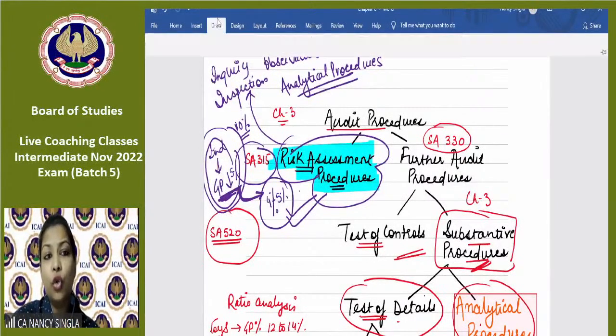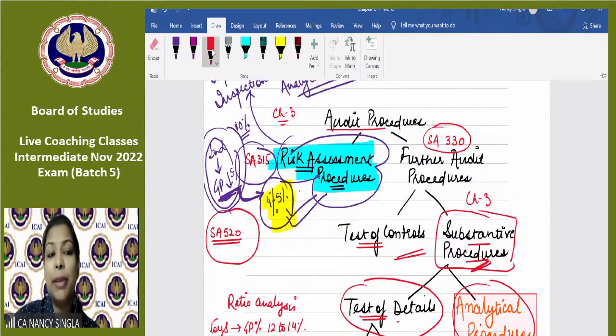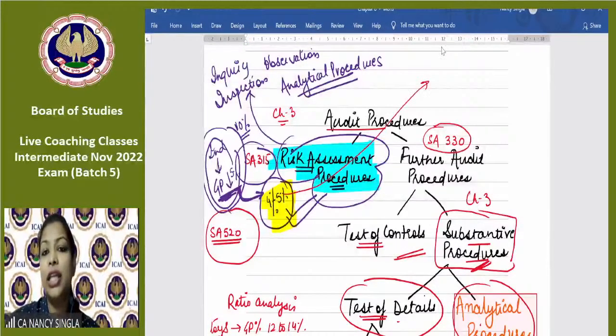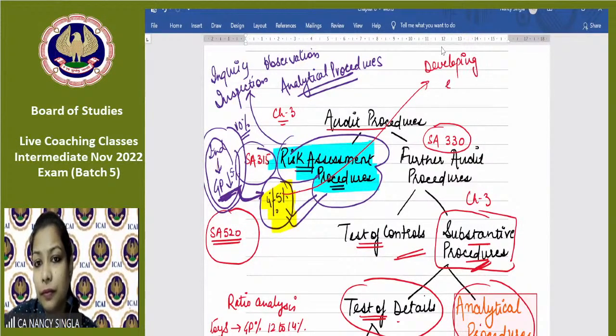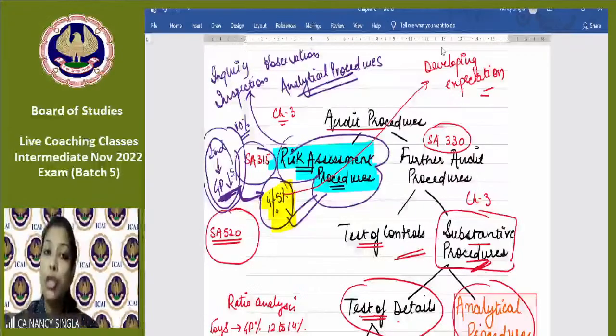So this 4 to 5%, what is it? The auditor is developing an expectation. Now, the auditor is developing an expectation that for my client also, there will be a fall in the GP ratio. So we can understand that at the risk assessment stage also, the auditor performs analytical procedures.